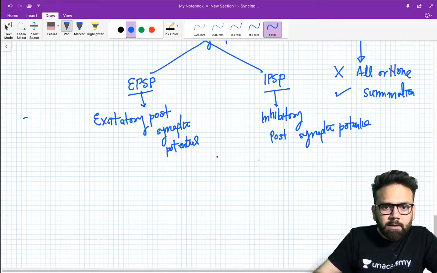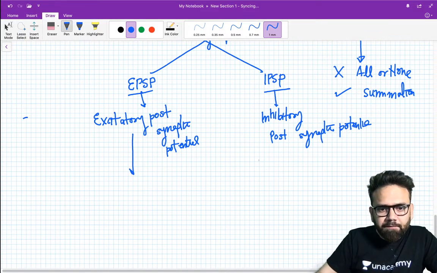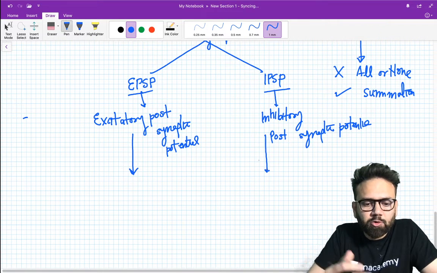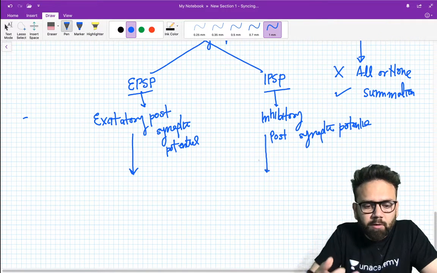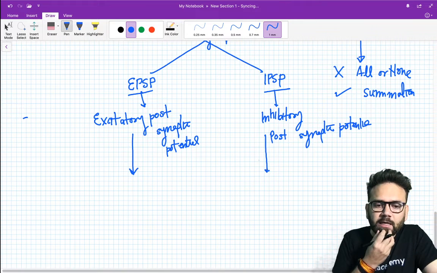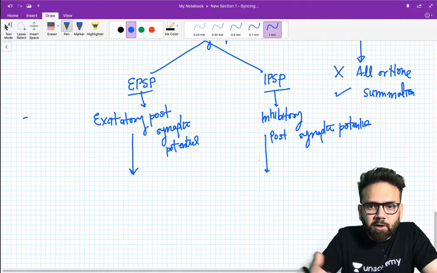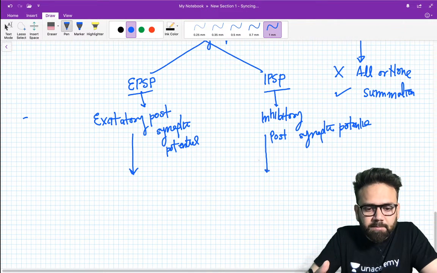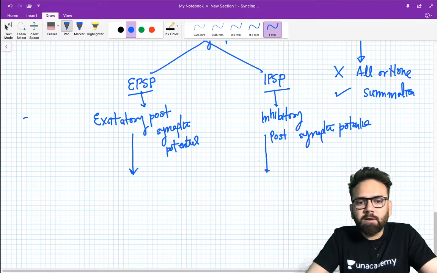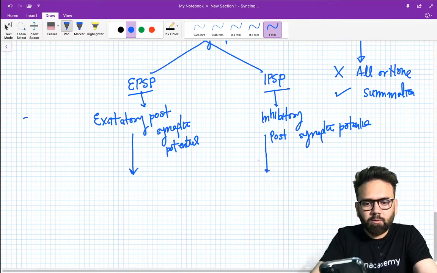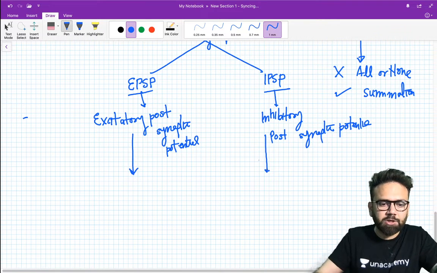Now this will cause what? If it is causing excitation... suppose you are four persons going to have a group study, and if you start gossiping about coronavirus, about Bollywood, and you don't study, then what is that? EPSP or IPSP? Does it cause action potential or hyperpolarization?